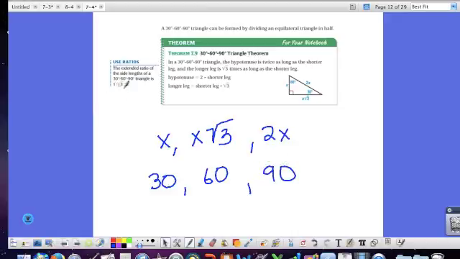The ratio is 1 to radical 3 to 2, because there's a little invisible 1 here, so the coefficient is a 2, and you're multiplying radical 3 times your variable here, if that helps you to remember it.